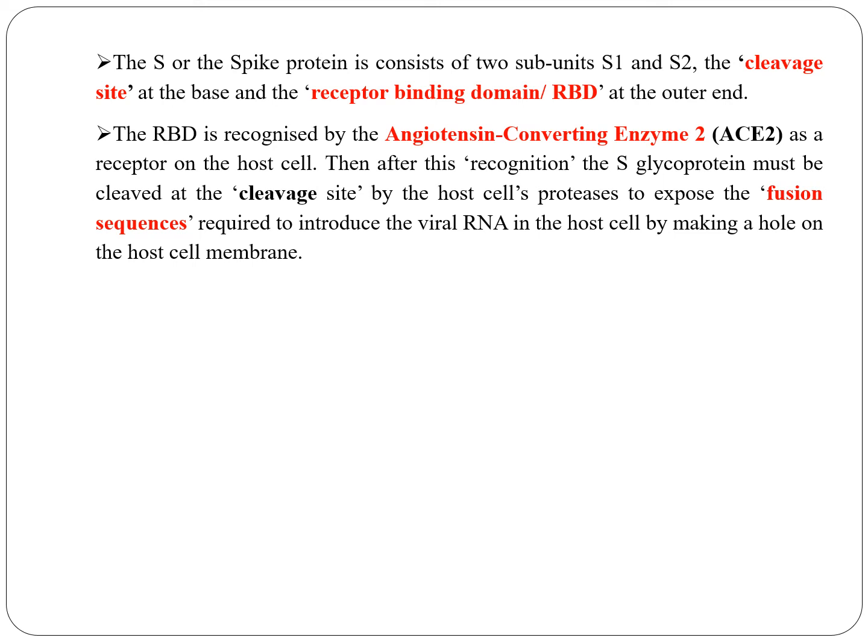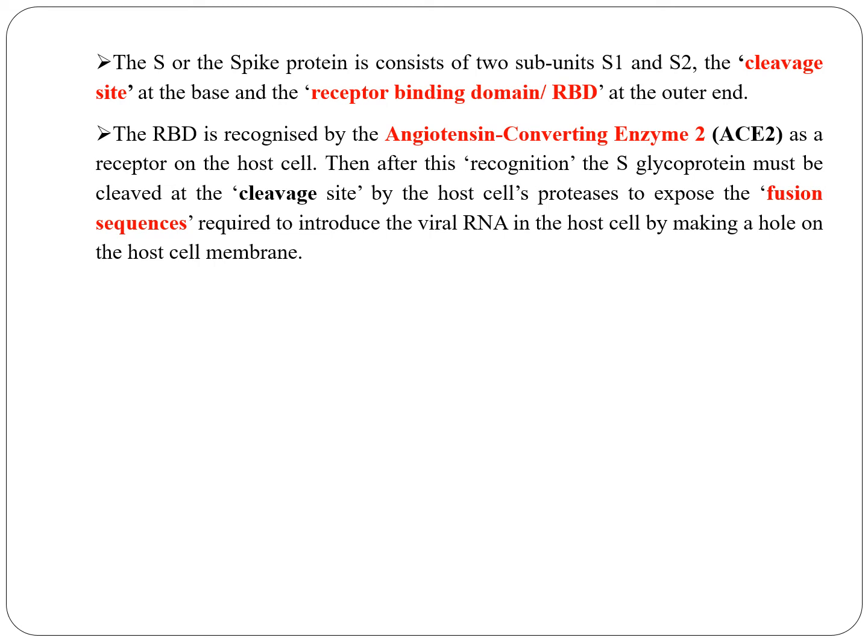To invade a host cell, this RBD should be recognized by some receptor on the host cell membrane. The particular type of receptor that the SARS-CoV-2 requires is the angiotensin converting enzyme 2 or ACE2 receptor.